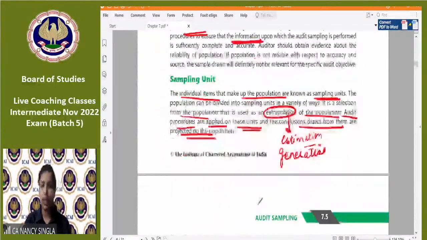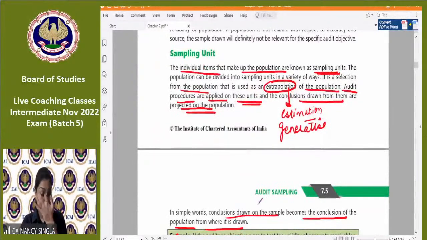Okay? Sampling unit is the individual items that make up the population. And what is extrapolation? Whatever result you get for the sample, when you estimate it for the entire population, when you generalize it for the entire population, it means the process of extrapolation. That is, your conclusion for the sample will become the conclusion for the entire population.